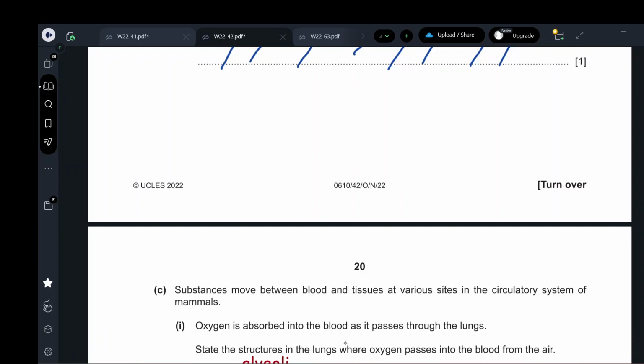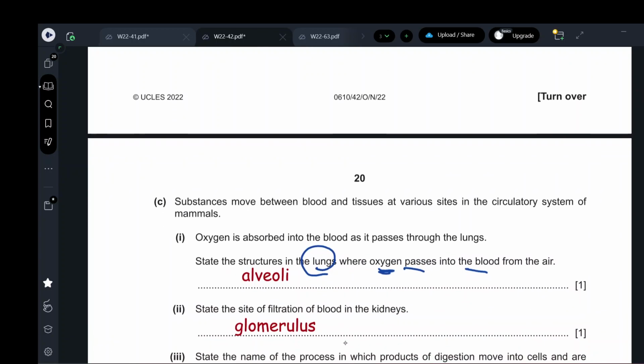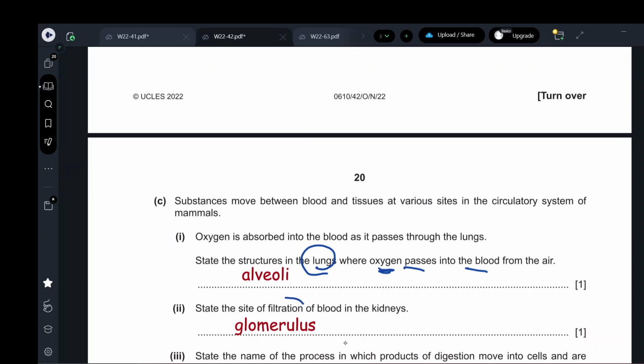Complete questions. Oxygen is absorbed into the blood. State the structure in the lungs where oxygen passes from air to the blood: the alveoli. What is the site of filtration in the kidney? The glomerulus, which is the blood capillaries inside Bowman's capsule.